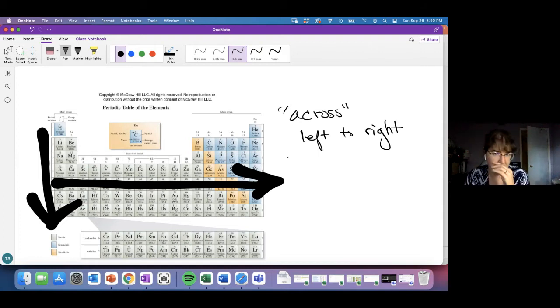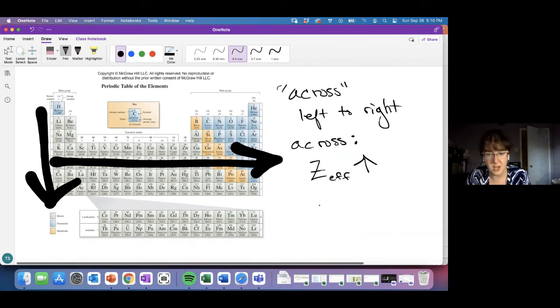So in general, as we go across, we've really got 4 periodic trends. As we go across, Z effective increases. Your atomic radius decreases.